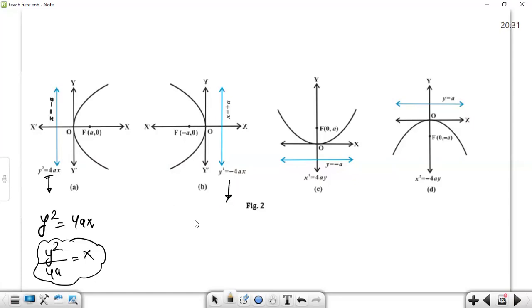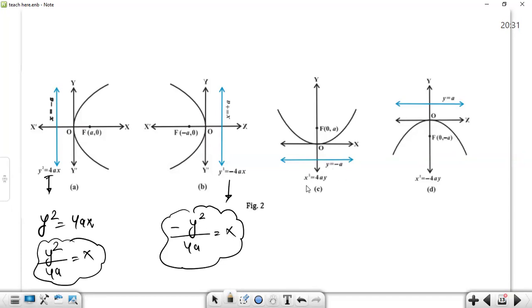If we observe y square upon minus 4a equals x, for any value of y, x is always going to become negative. So that's why this is facing the negative x-axis. It always has some negative x value, except for y equals 0, where x will become 0.